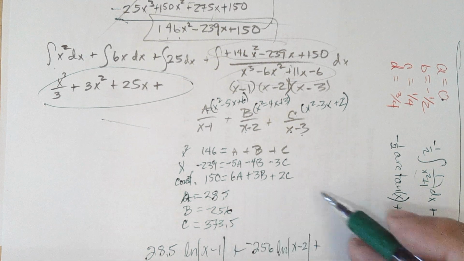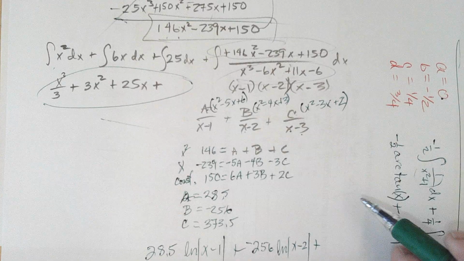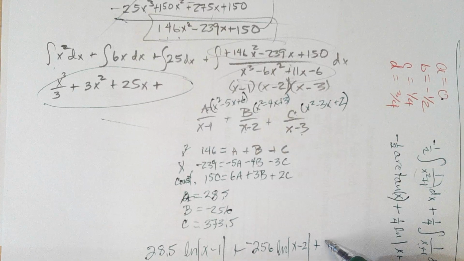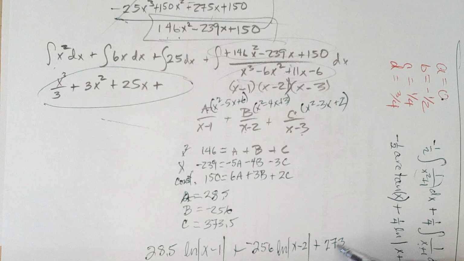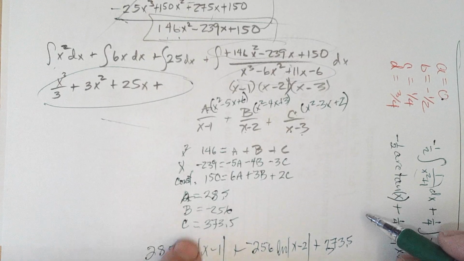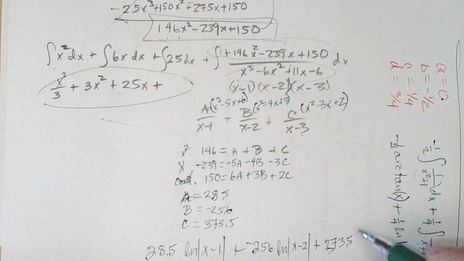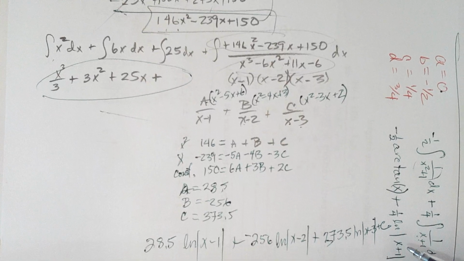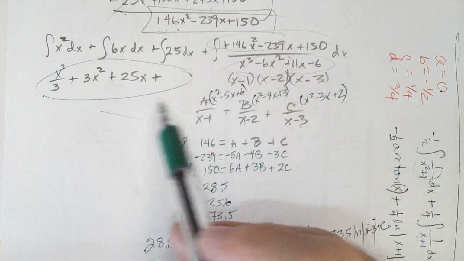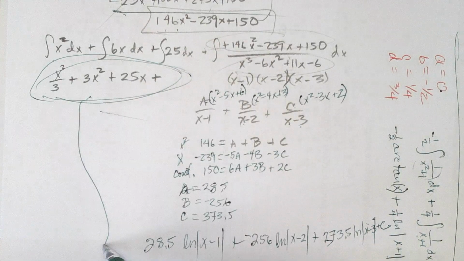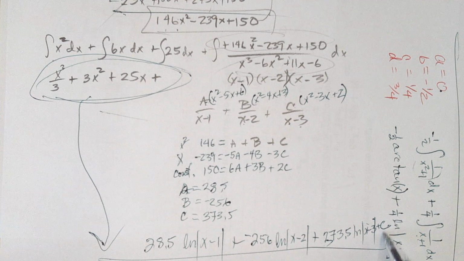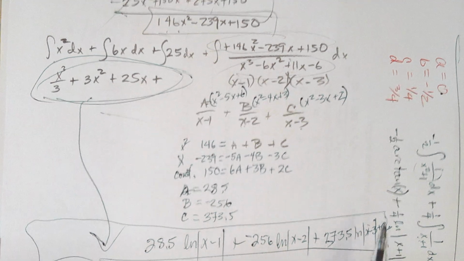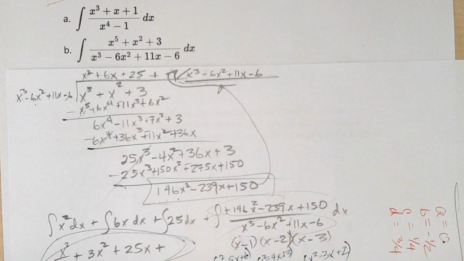And C over that, 373.5, integral of 1 over x minus 3, which is ln x minus 3, plus C. All that's added to this. And that would be the antiderivative to B there.